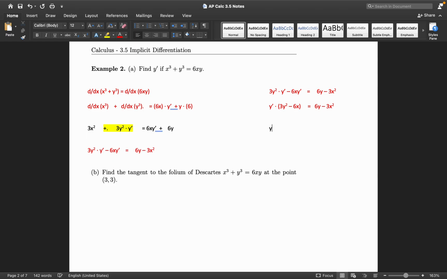So y prime, if I divide both sides by this stuff, y prime would equal 6y minus 3x squared divided by 3y squared minus 6x. And if I really wanted to, I could simplify by dividing a 3 out of all this stuff. I get y prime equals 2y minus x squared divided by y squared minus 2x.